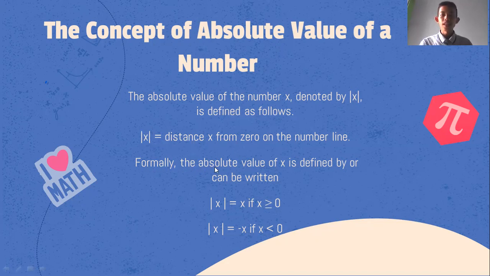Formally, the absolute value of x is defined as |x| = x if x is more than or equal to 0, and |x| = -x if x is less than 0.